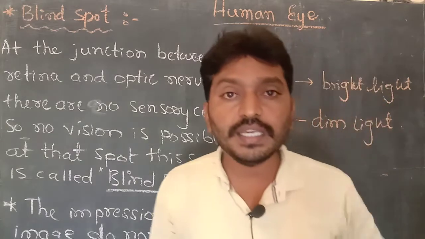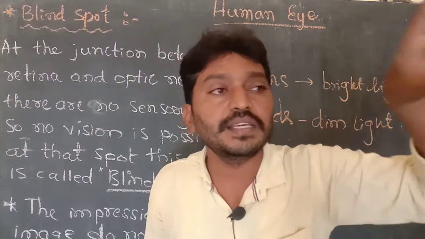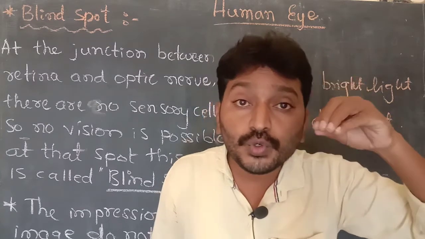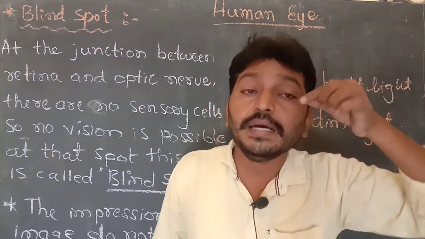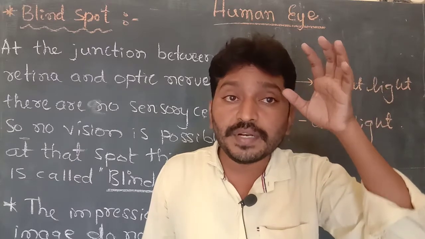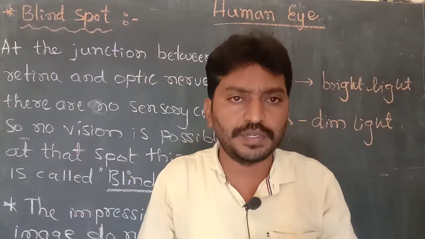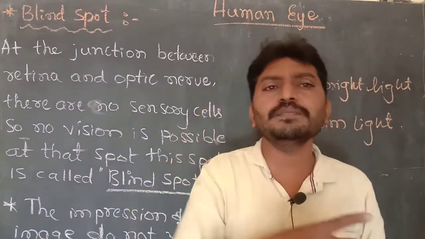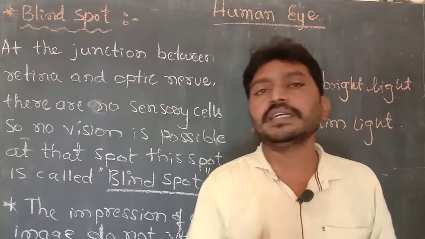When you see an object, the image is formed on the retina of our eye. But do you know how much time it persists on the retina? Immediately it does not vanish. Then how much time does it stay on the retina of the eye?